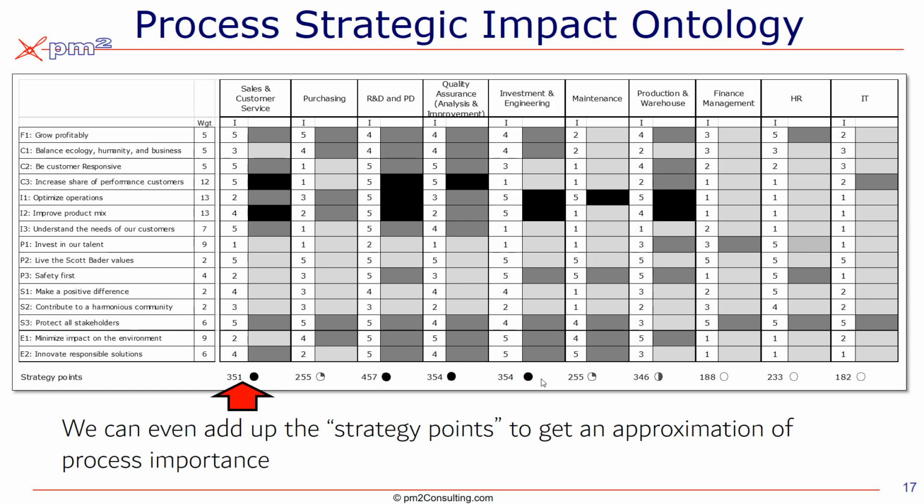And I keep emphasizing this strategy because if partway through the year we changed our priorities, we made an acquisition, we decided to pursue a new market space or a new customer group, these weightings would change. Now, I don't have to reassess the processes, but these shadings will automatically change. So for example, if this 13 went down to 2 and this 2 went up to 13, now this box would be red and this box would be the light gray.